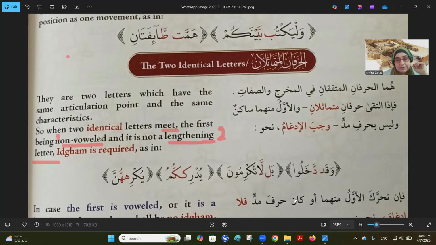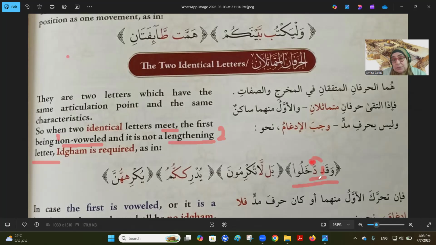As in here, وَقَدْ دَخَلُوا. Same, same, dal and dal. So the first one is fully merged into the second one. That's why the second one, having sukoon, received shadda.